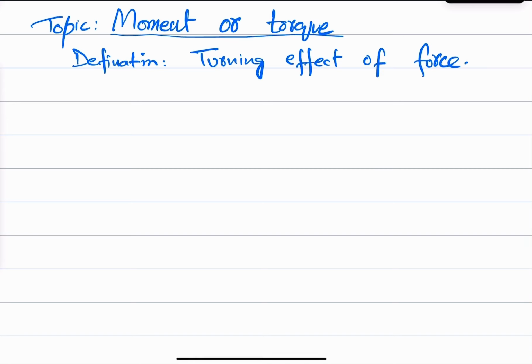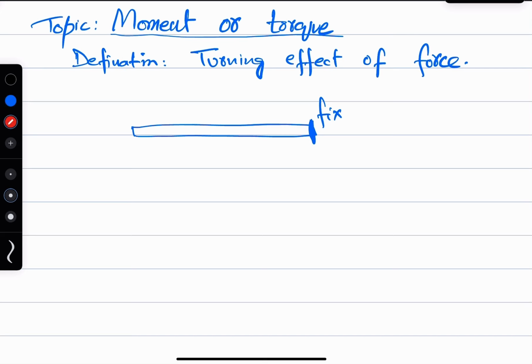Let's suppose you have some object or some rod that is placed on a ground and it is fixed at this position, and if you apply a force on it at this position, it will start moving like this, clockwise. So this turning effect is called moment.